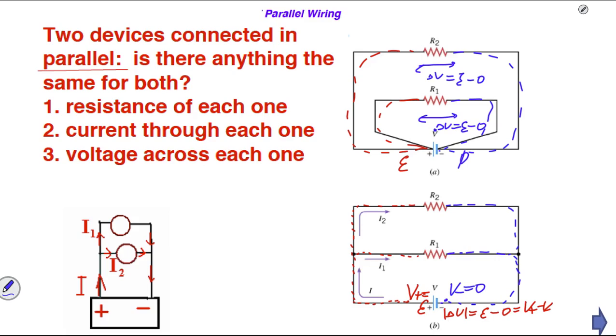And this electric current, of course, will be equal to delta V2 over R2, but they all have the same voltage, EMF.